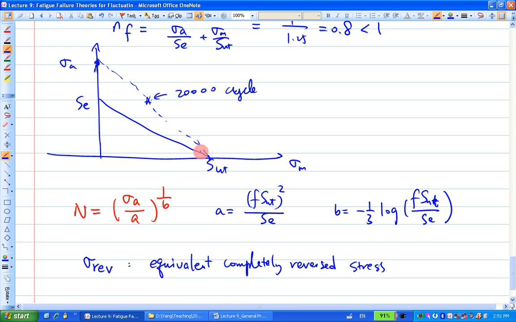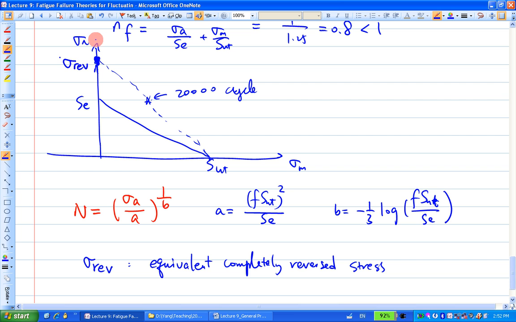So if I create a line like this, then I would have the same kind of situation as this one here. The intersection of this line with the vertical axis, this point here, we're going to call the sigma REV that we're looking for.